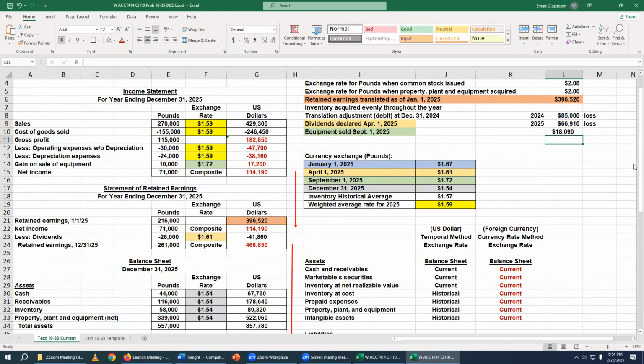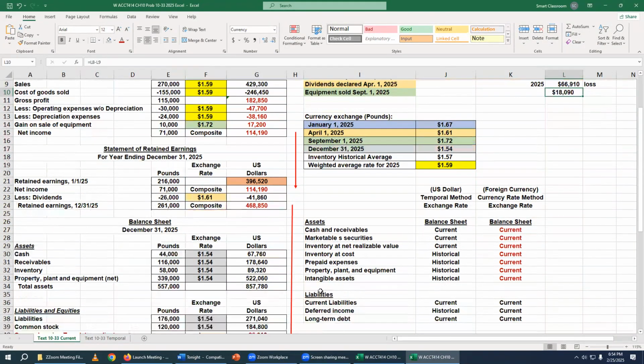It's about 18,090. And that would actually, if you think about it, be a gain overall. It's sort of like you made back $18,090 of it. So the difference between those two would actually be a gain.